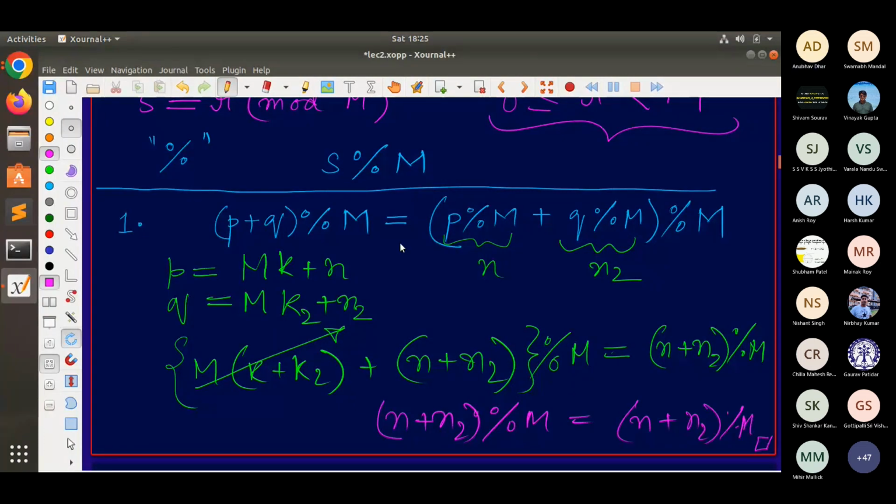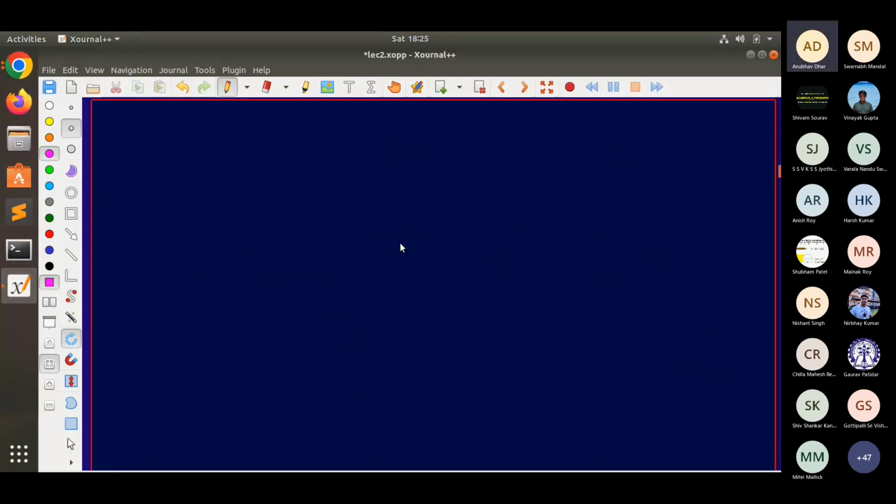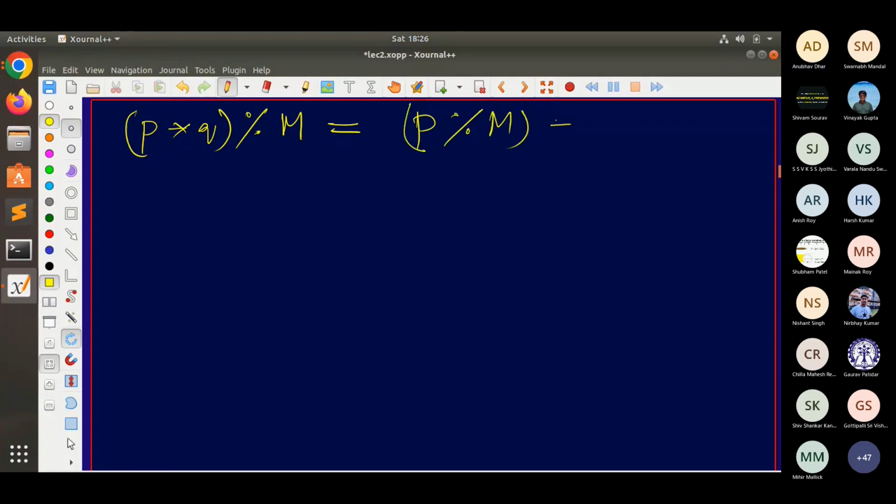Similarly, can you prove that if you multiply first and then take modulo m, this would be the same as multiplying the individual remainders and then taking modulo m? Okay, I should refrain from using curly braces if I'm writing C style code.